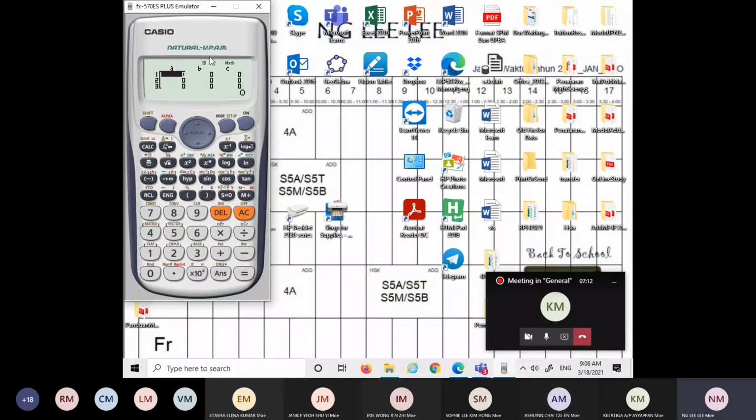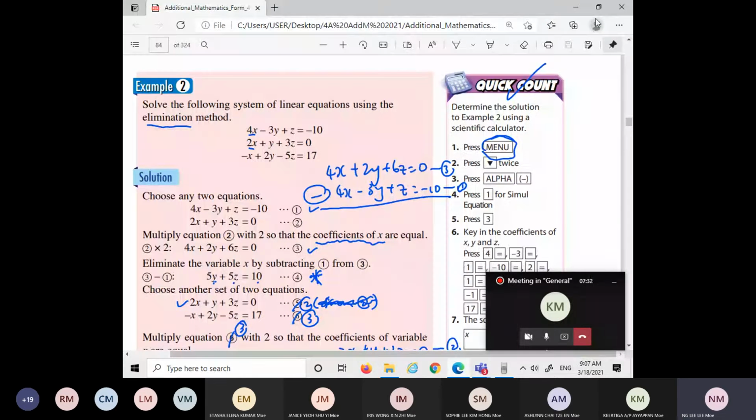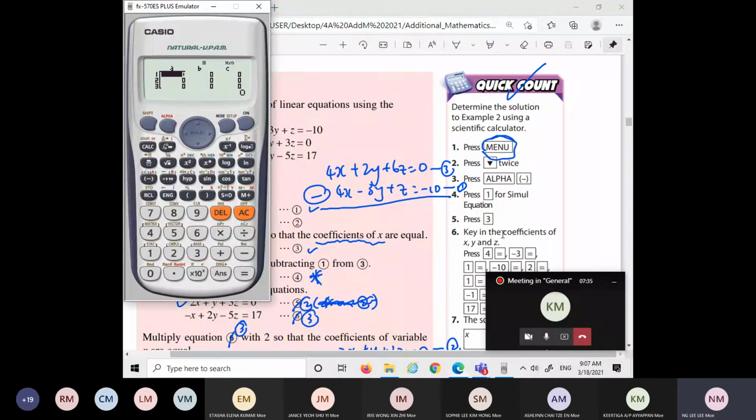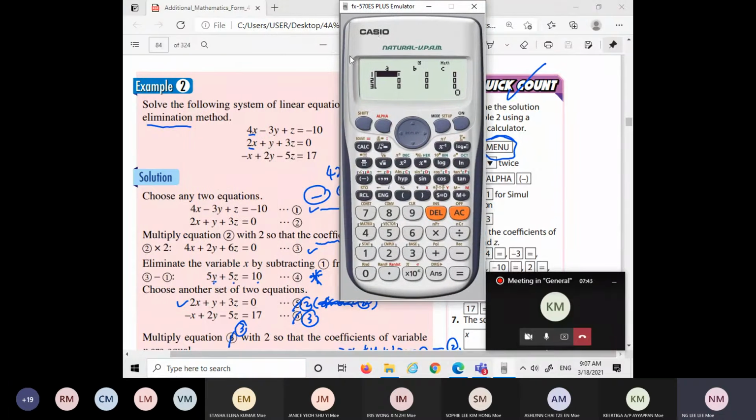Then it will come out like a template by row and by column. So you just fill out one by one. Number 1 here means the first equation. So we look at the equations. For these equations, make sure the variables x, y, and z are arranged properly.